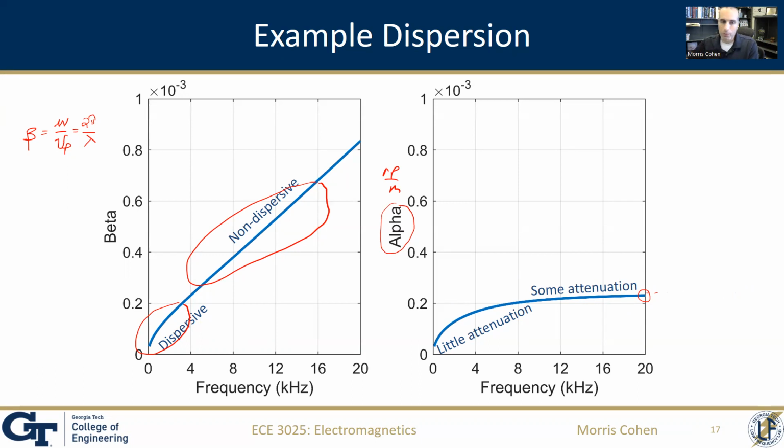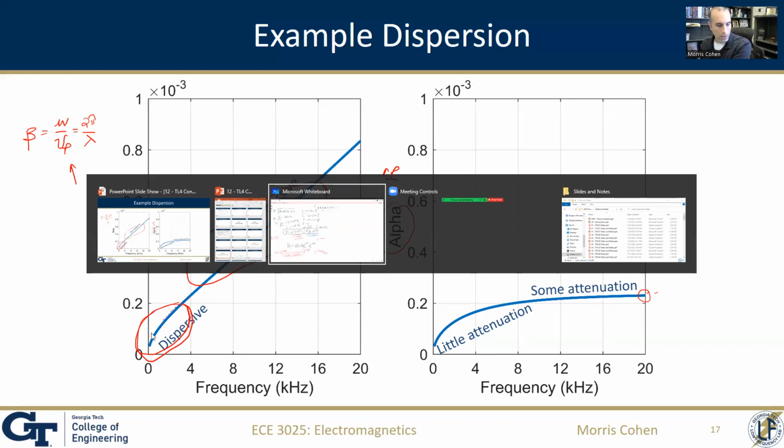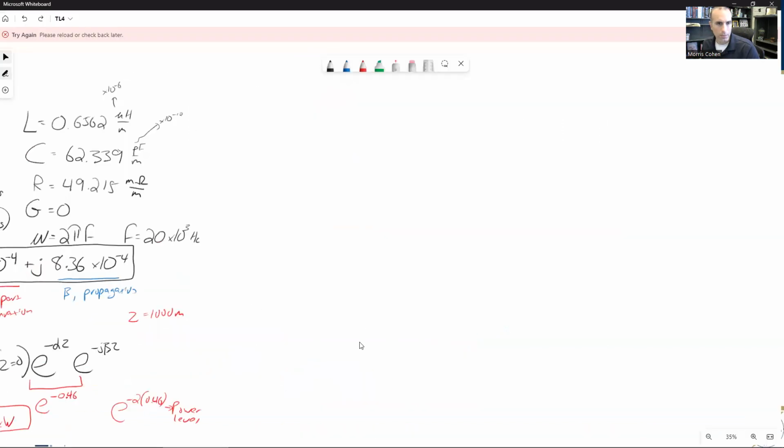So let's talk about this, because this lower portion right here, this dispersive section, where the propagation velocity appears to be a function of frequency, let's talk about where that comes from. In this case, the propagation velocity is basically the slope of this line. So let's take a closer look at that.